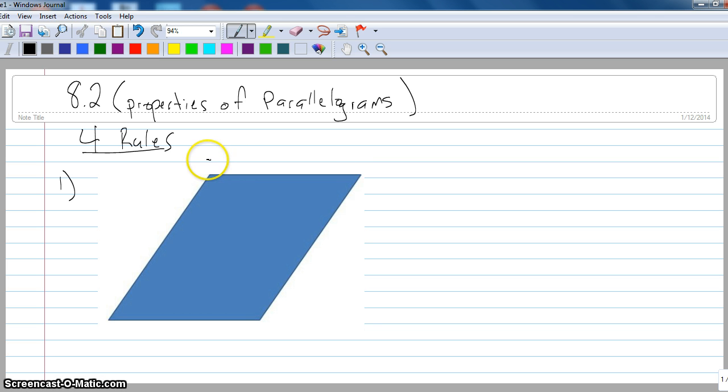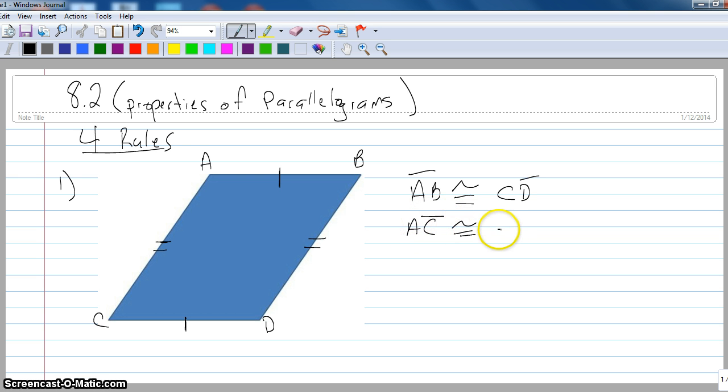So, let's say that's A, B, C, and D. AB is equal to CD. They're congruent. AC is congruent to BD. AB congruent to CD, and AC congruent to BD, and vice versa.